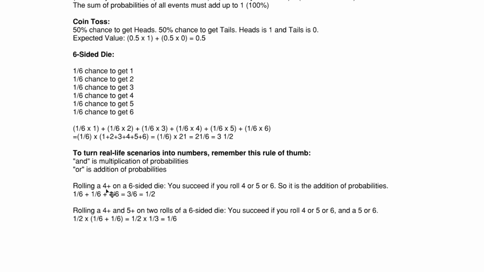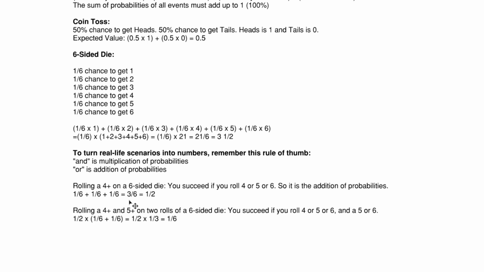So, rolling a 4 plus on a 6-sided die. So, a 4 plus means that you succeed, a hit roll or a wound roll or something, if you roll 4 or higher. So, that's a 4 or a 5 or a 6. So, in order to find the total probability, you add up the probabilities. So the probability of rolling a 4 is 1/6, rolling a 5 is 1/6, and rolling a 6 is 1/6.